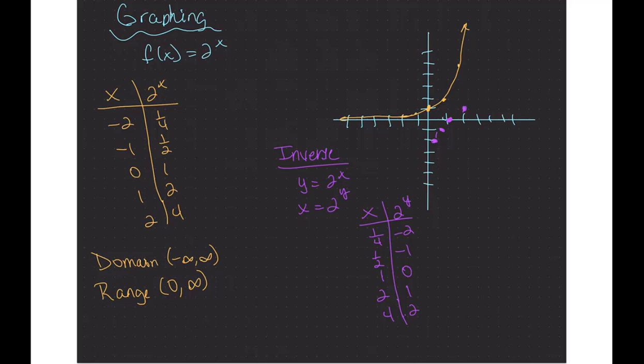And when we're at 4, we're at 2. Right? So now when I go to graph, if I follow these points going up, I'm going to go this way. And then what's going to happen when I get close to my y-axis? I'm going to get really, really close, but I can never touch my y-axis. So I have another asymptote.